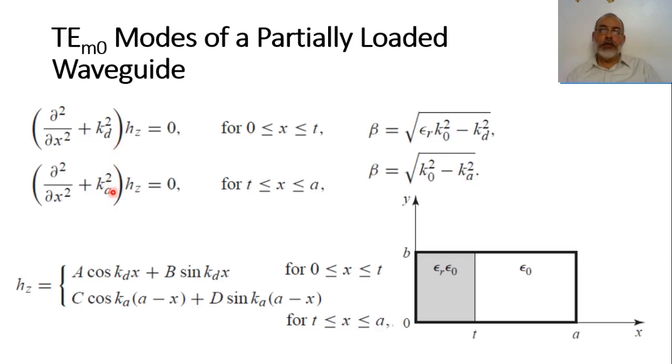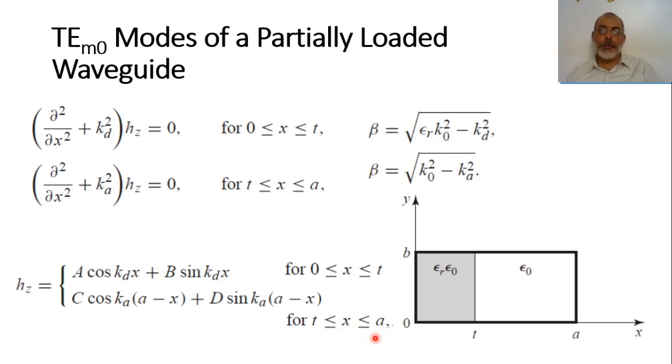Now, the differential equation in the present case has two parts in two different spaces. This means that we have two different solutions. One solution for the region from x greater than 0 and less than t, and the other solution for x greater than t and less than a.